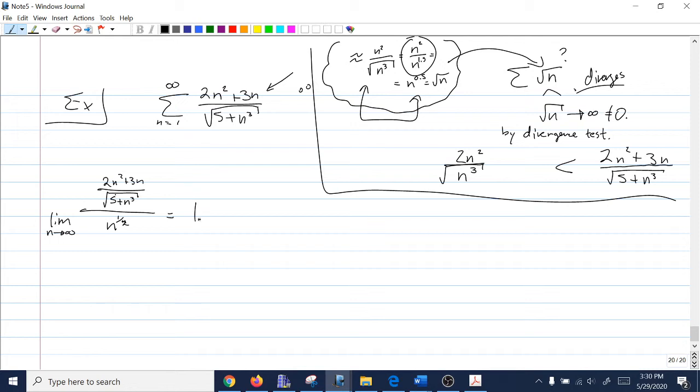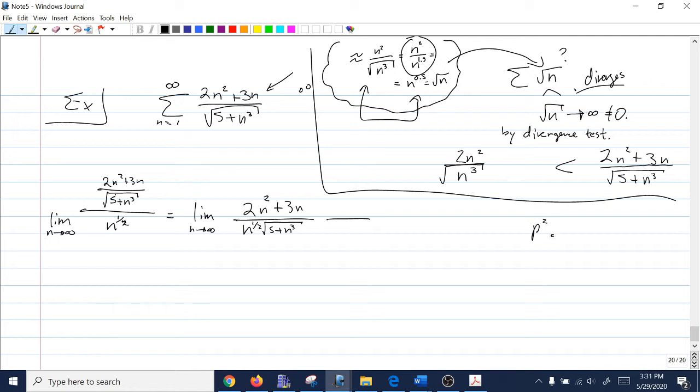What is this? This is the limit as n goes to infinity of, we're adding an extra n to the 1/2 on bottom, and on top we have 2n squared plus 3n. The standard trick is multiply the top and bottom by 1 over the biggest thing on bottom.